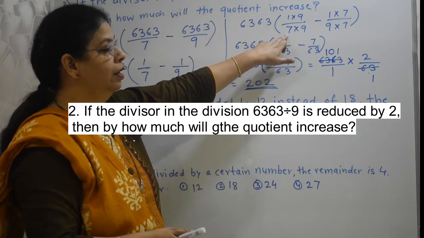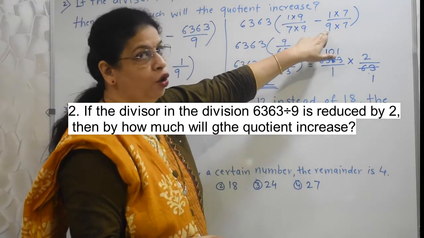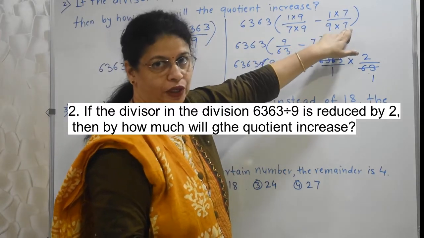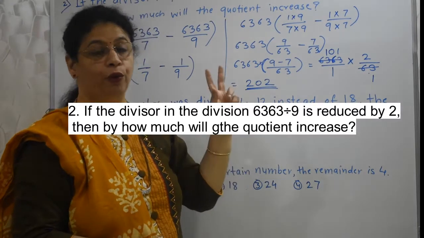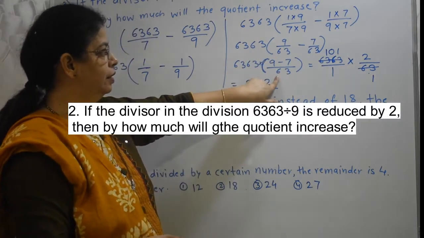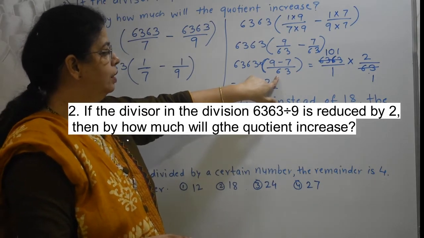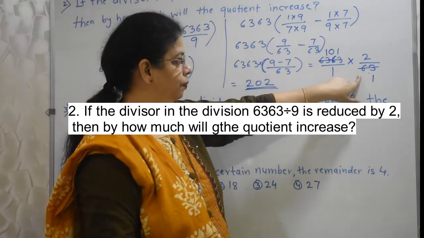So 7 did not have 9, so I gave 9 to both. 9 did not have 7, so I gave 7 to both, so that the denominator becomes 63 for both. Now I can combine them like this.